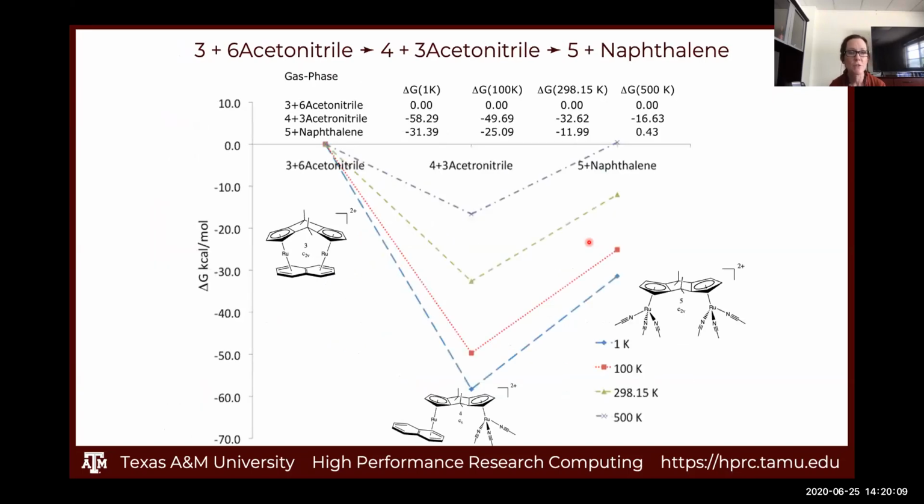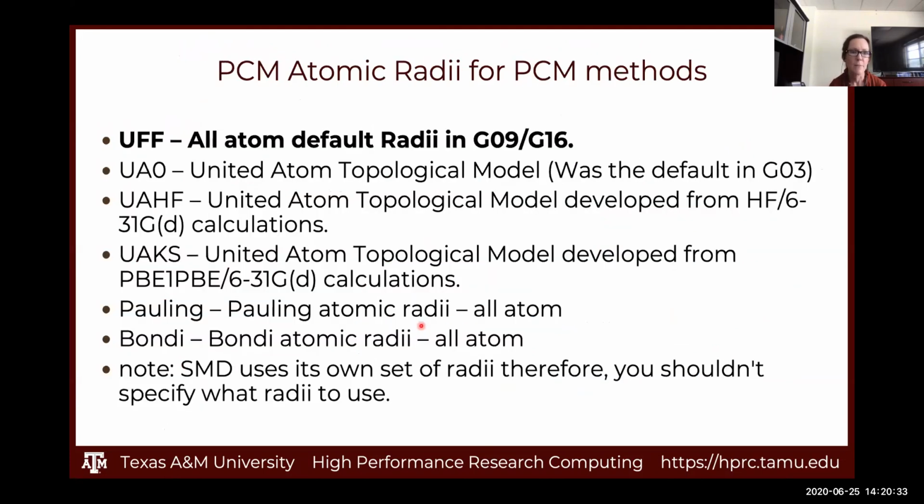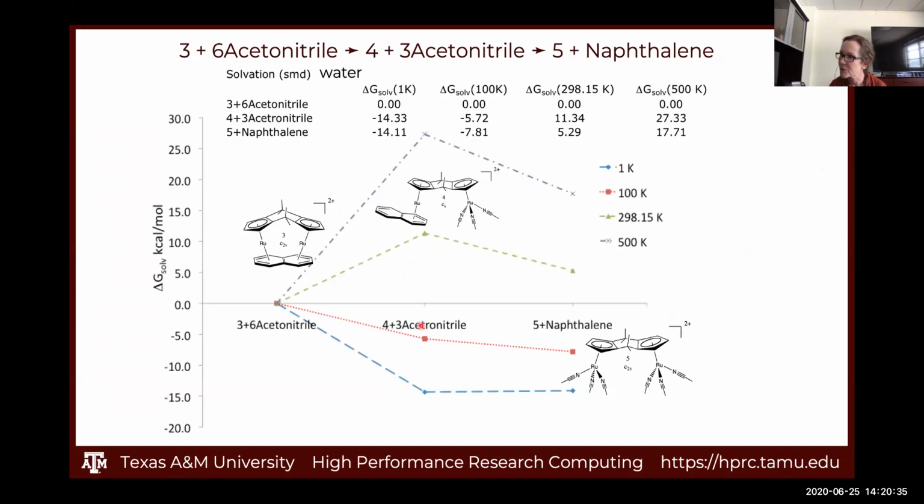Oh, one thing I do want to mention is all of these terms that are here have special values and parameters for each solvent. Okay, Gaussian does give you the option to put in your own dielectric. Okay, but if you put in your own dielectric, you're going to be using all of the other parameters as if it was water.